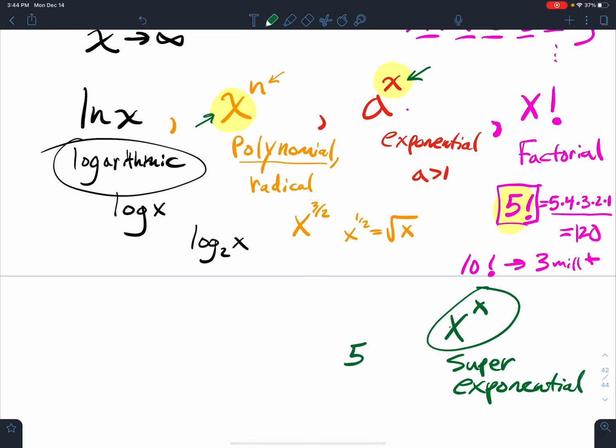So like 5 raised to the 5 would be like 5 times 5 times 5 times 5 times 5. You see how that's bigger than 5 factorial because with the factorial, each factor gets 1 less than the other. With the super exponential, it stays the same. It's that number multiplied by itself that many times. Okay? So pretty fast moving function there.